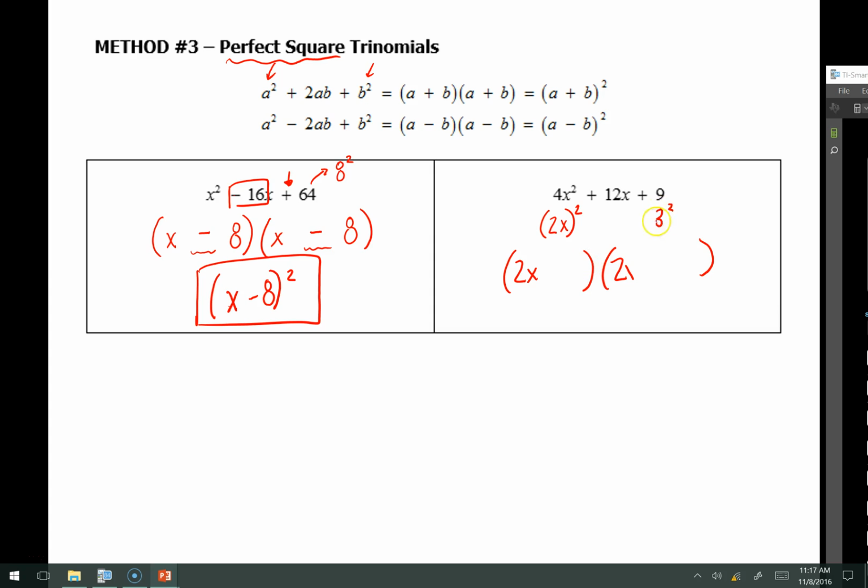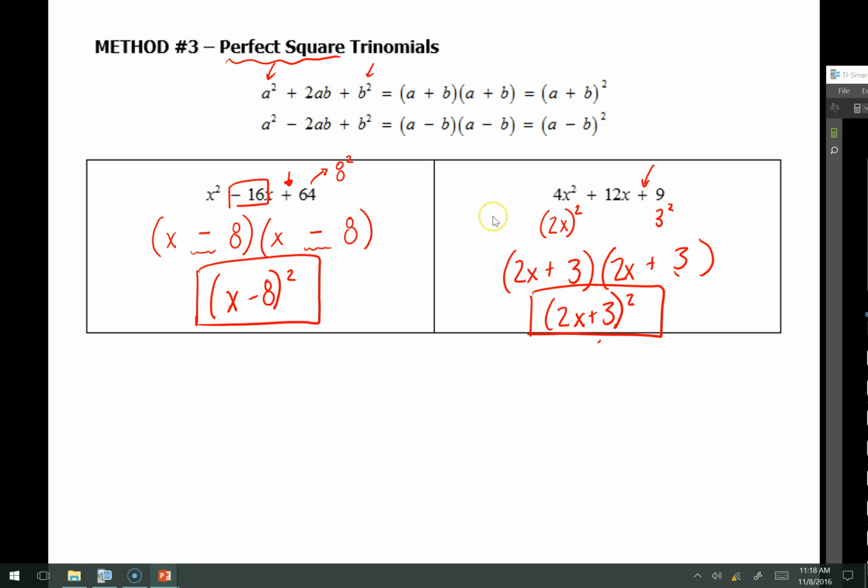The second term is going to be whatever the c base is, 3. And then because this says that my signs have to be the same and I have to get positive 12, they're both going to be plus signs. So 2x plus 3 quantity squared is the fully factored version of this expression.